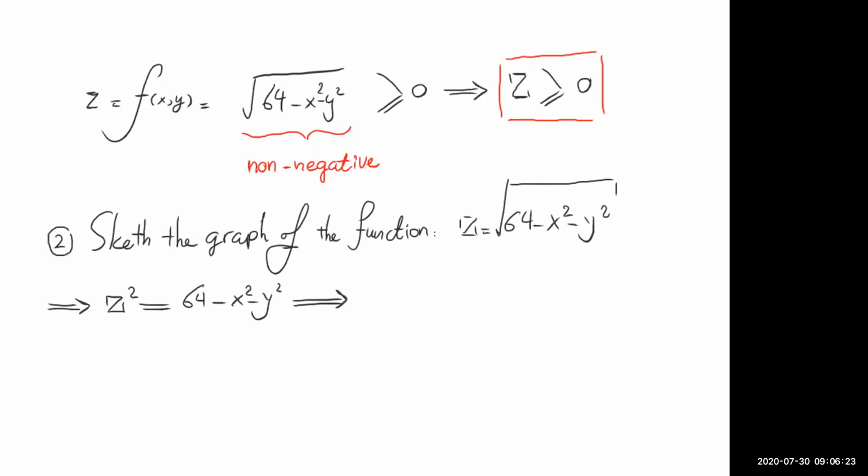I can take minus x squared and minus y squared to the other side of the equation. What I'm going to see is x squared plus y squared plus z squared equals 64.